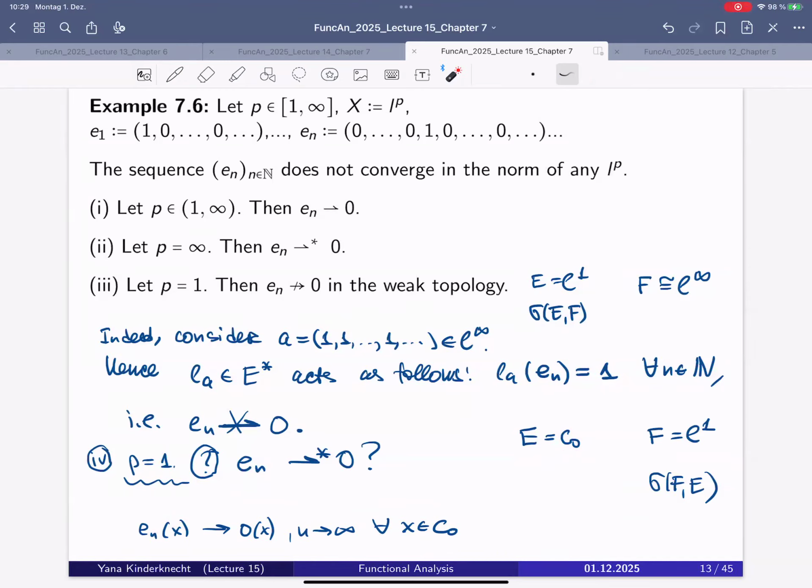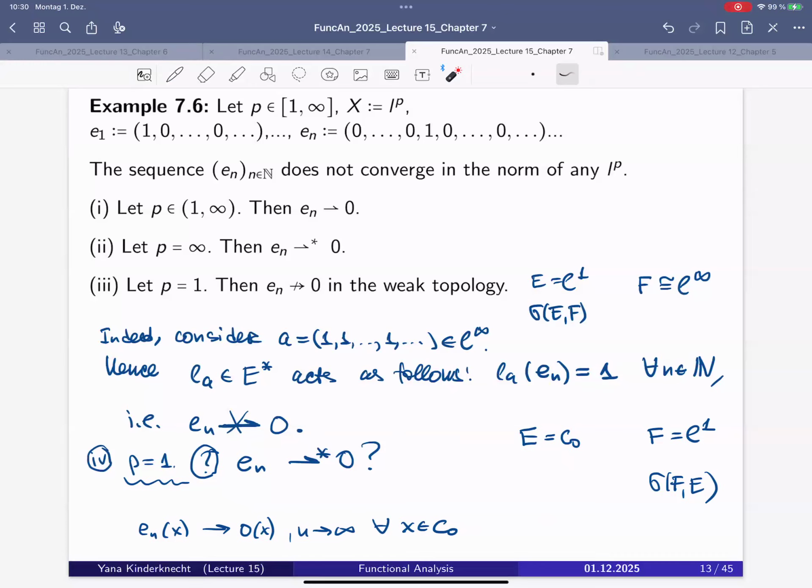Okay, so hopefully this example will help you to orient in all these weak and weak star topologies and convergences. So once again, if we have an infinite dimensional space, on its topological dual we may consider the norm topology generated by the norm in the original space, then the weak topology, and then the weak star topology.